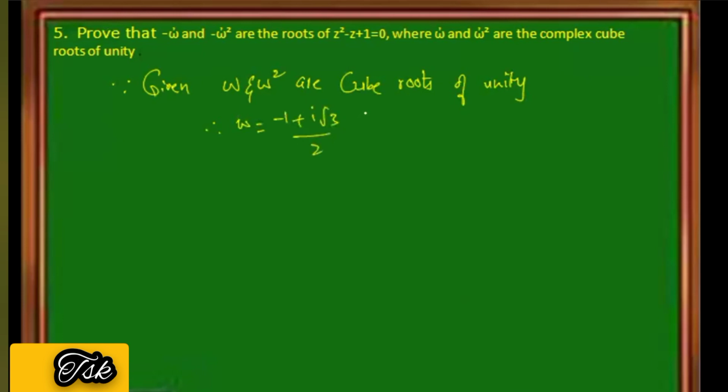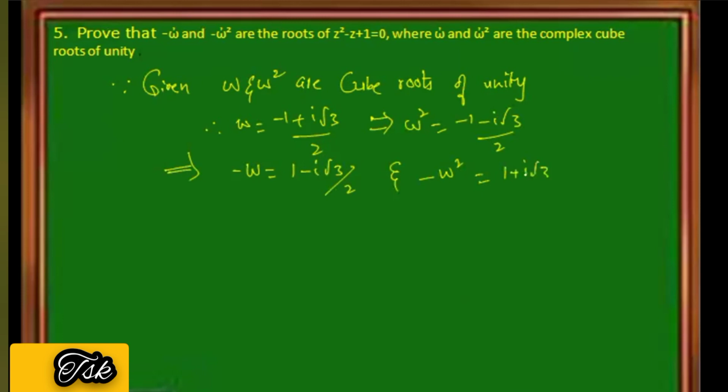If this is omega, then omega square is minus 1 minus i root 3 by 2. So minus omega is 1 minus i root 3 by 2, and minus omega square is 1 plus i root 3 by 2. So we know these values.